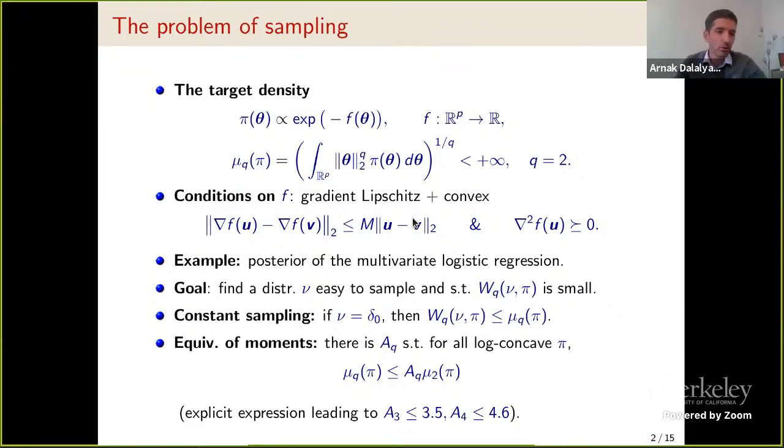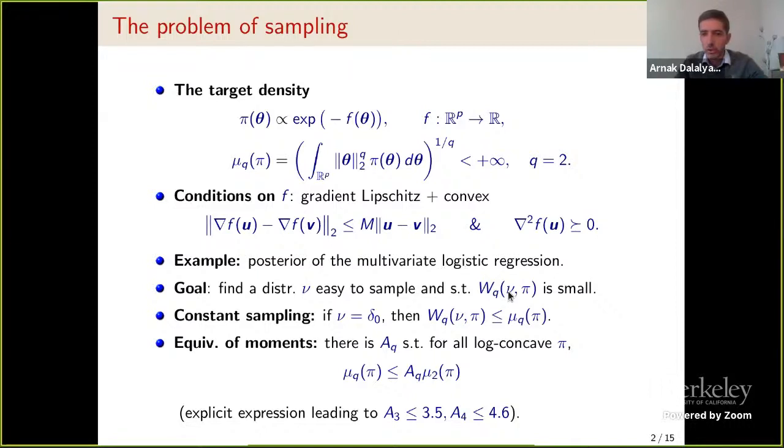So what is the goal in this work and in this talk? The goal is just to find a distribution nu such that it is easy to sample from nu, and we have some guarantees indicating that the Wasserstein distance between nu and pi is small.